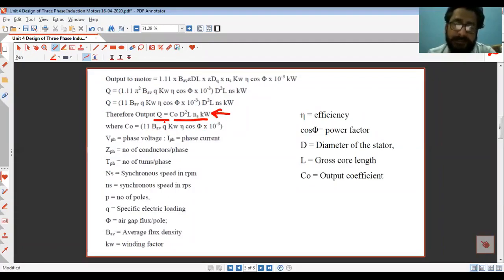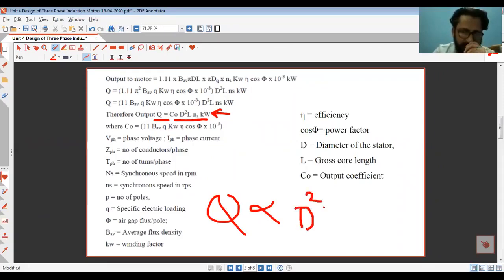depends upon its dimensions, upon its volume. Even if N_s is a constant parameter and C_0 is a constant parameter, you can say that Q is proportional to D²L. What does it mean?